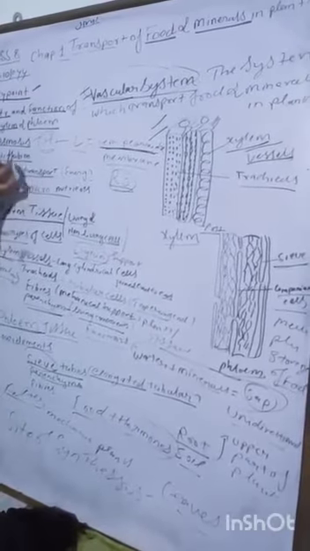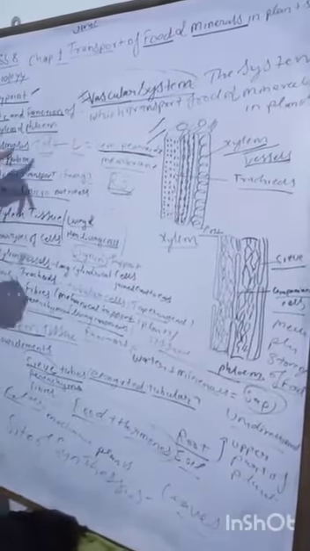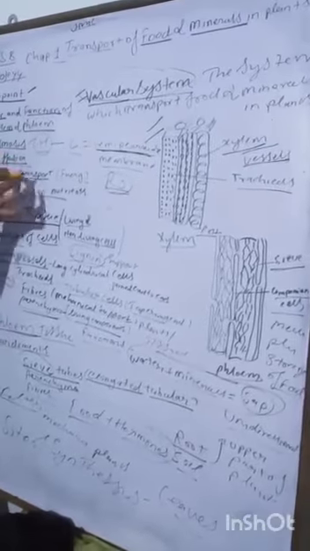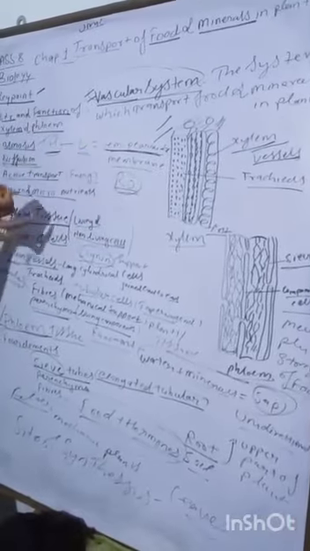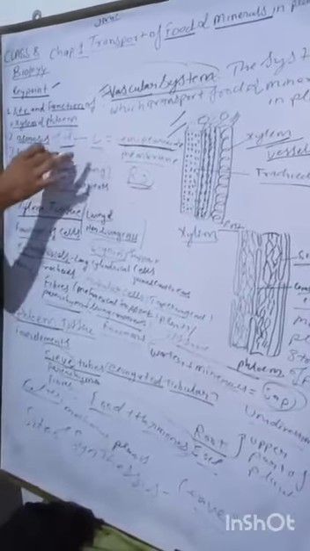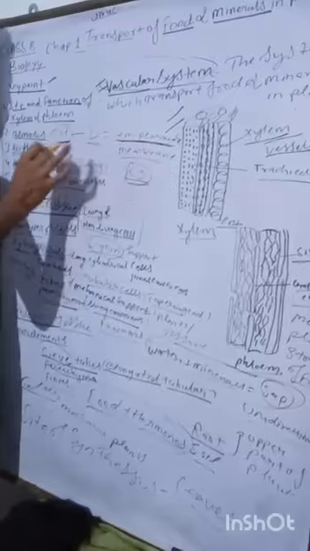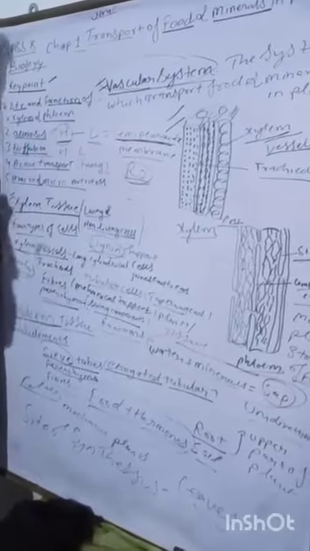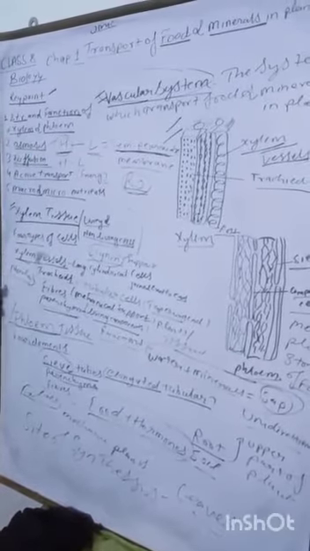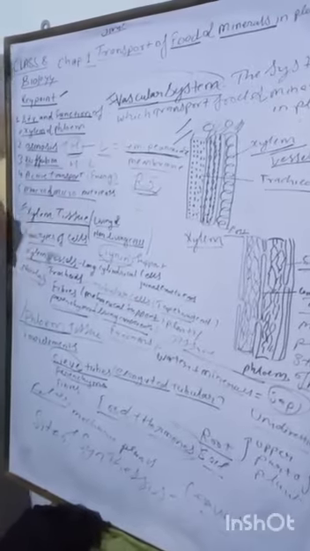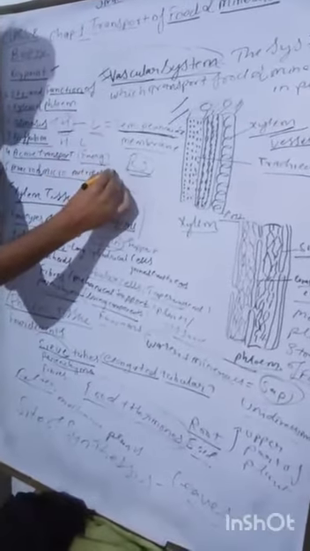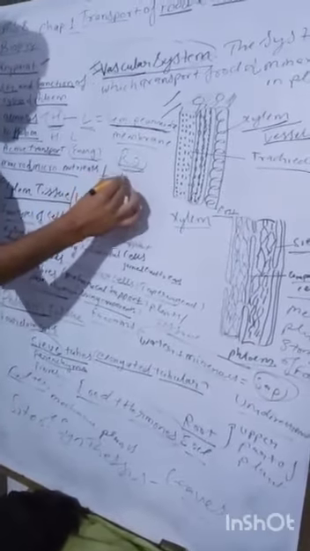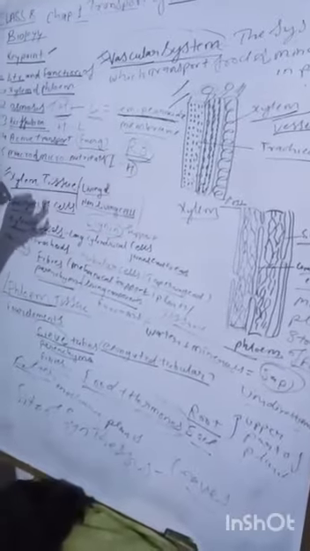Okay. Next is diffusion. It is also the transport of food, minerals and ions from the higher concentration to the lower concentration, but directly, with no use of a semi permeable membrane. After that, active transport is the transport of ions and minerals from the lower concentration to the higher concentration. It is important, students.